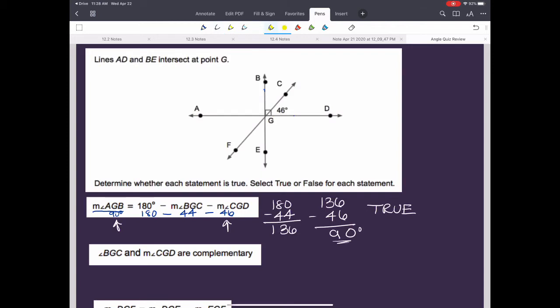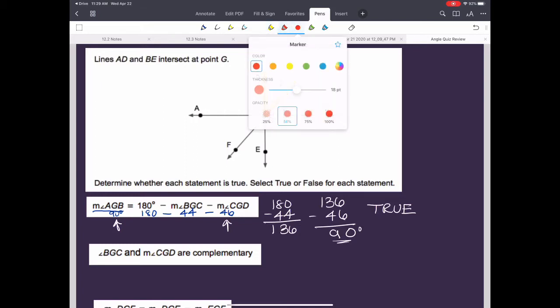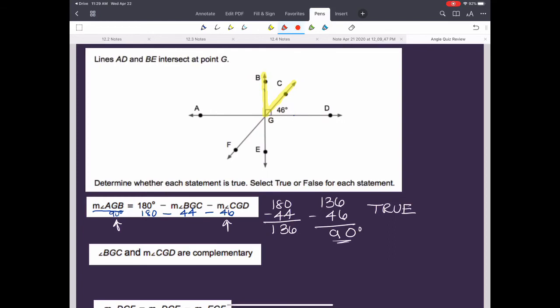The next question says that BGC and the measure of CGD, well, BGC is right here. That's where that is. And CGD, I'm going to outline CGD right there.